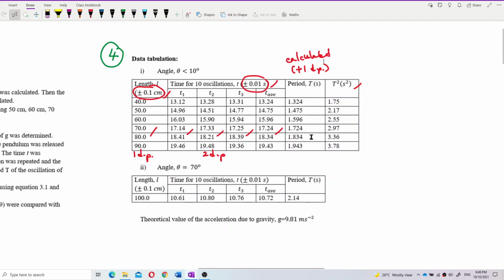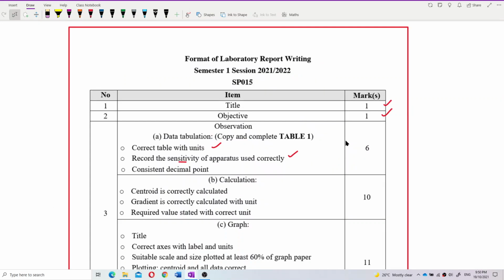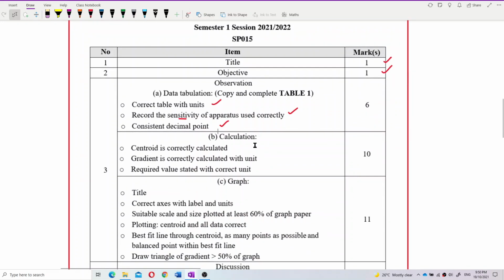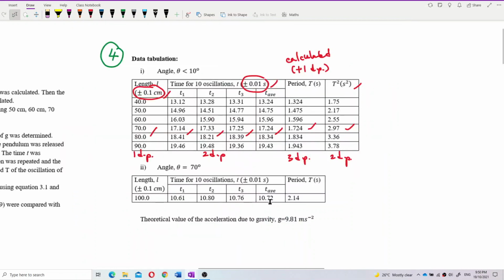All consistent also, at 3 decimal points. Good. And then for the squared one, you can correct to 2 decimal points. All consistent. So it scored this mark also. All right, 6 marks.